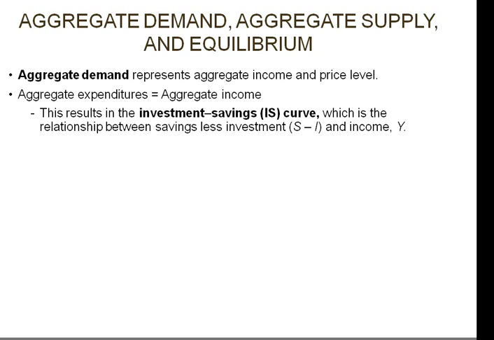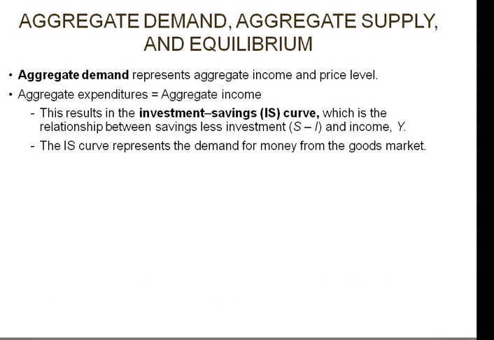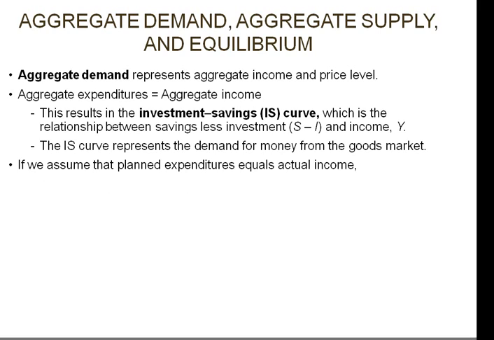So S minus I is on the Y axis and Y is on the X axis. The IS curve represents the demand for money from the goods market. So the IS curve actually shows all those combinations in which the goods market is in equilibrium. So the goods market is in equilibrium at all the points of the IS curve.